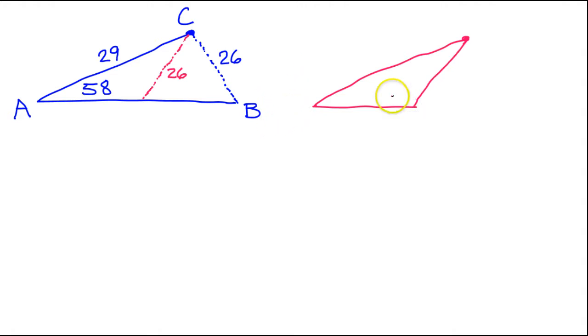This is a picture of this triangle right here, the skinnier triangle formed over here. So this is my 58 and my angle A, and this is my 29, and this would be my angle C, and this would be my angle B for the red triangle. Oh, and this would be 26. So we have both of these triangles.